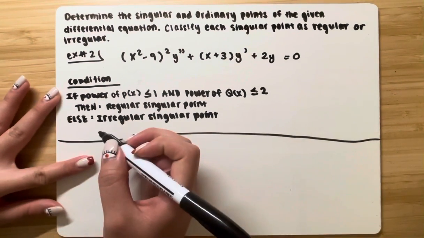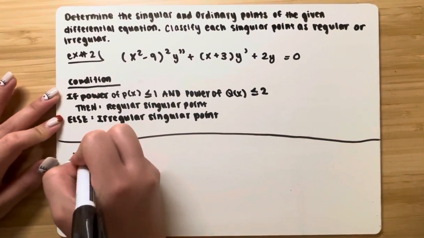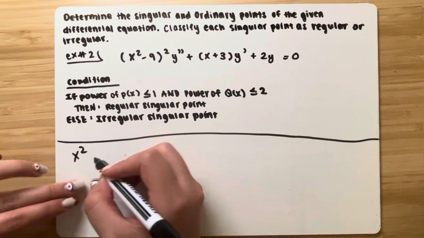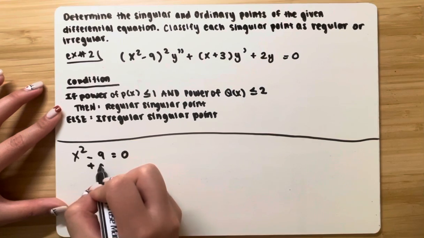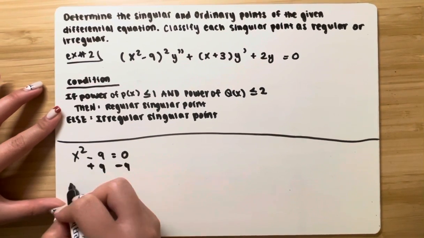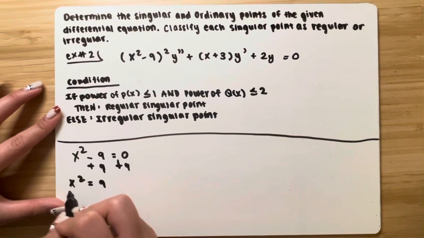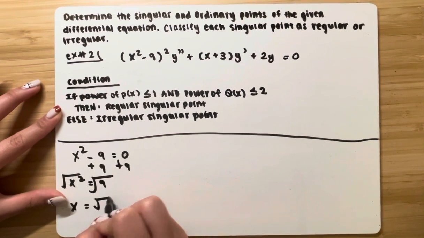Okay, so we want to begin by setting this term to 0. So x squared minus 9 equals 0. Add 9 on both sides, you have x squared equals 9. Take the square root of both sides, you have x equals square root of 9.